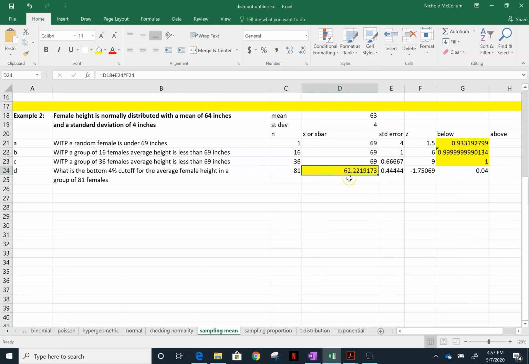The average that would be in the bottom 4%. So if I took a random group of 81 females, calculate out the average height of this group of females. If the average height was 62 inches, so 5'2", that would be in the bottom 4% of any group when it comes to height for female.